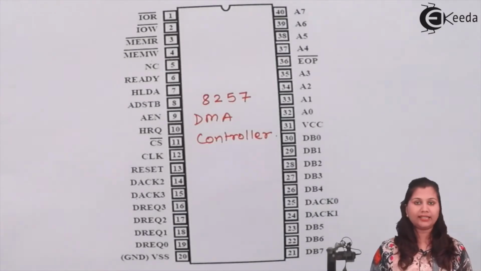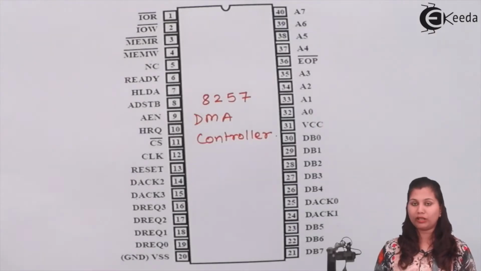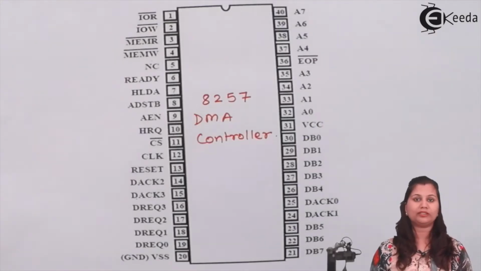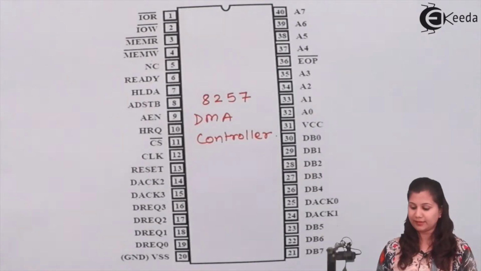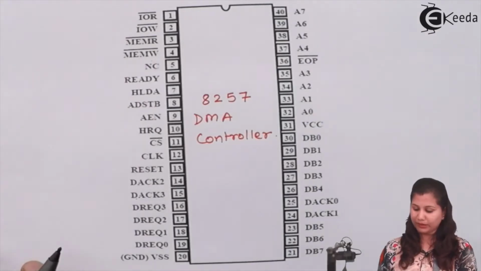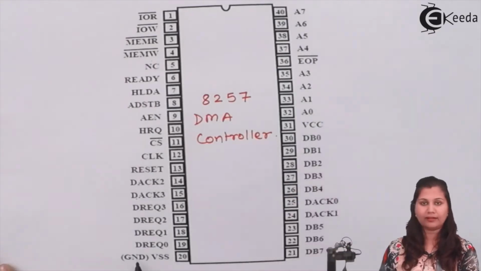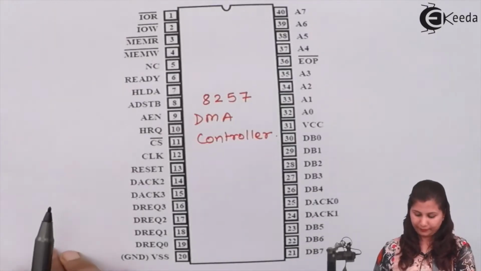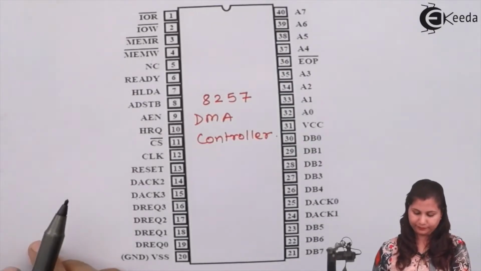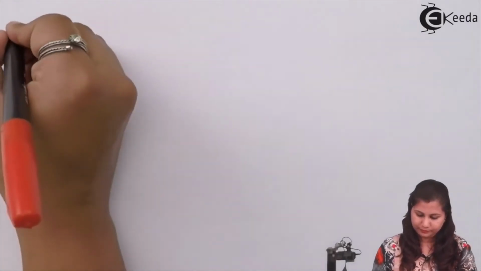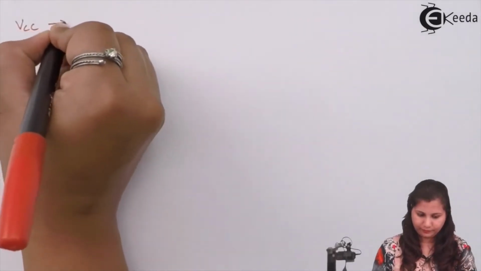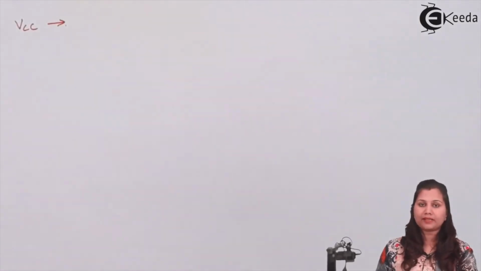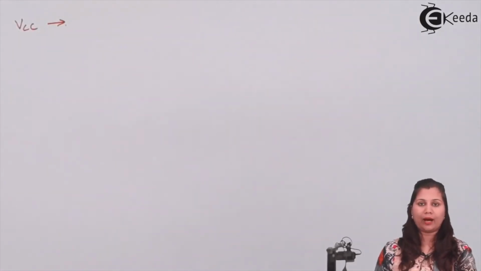Now let us study each of the pins, what these pins are describing and what the functions of these pin signals are. First we will start with VCC and ground. VCC is the plus 5 volt power supply, and ground is the earth connection.